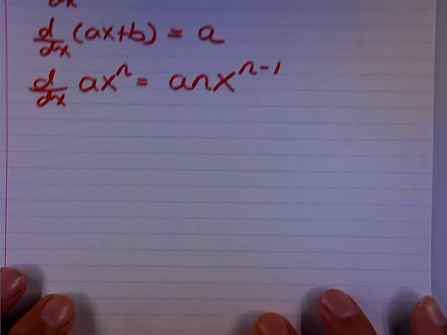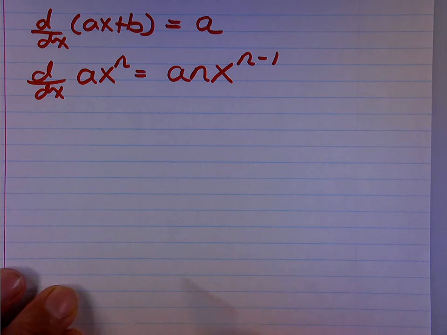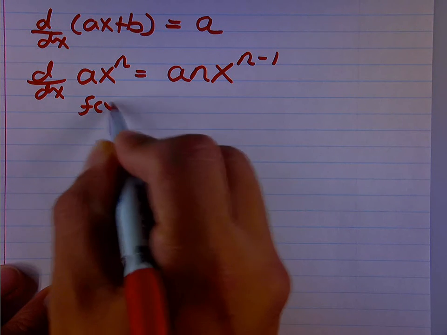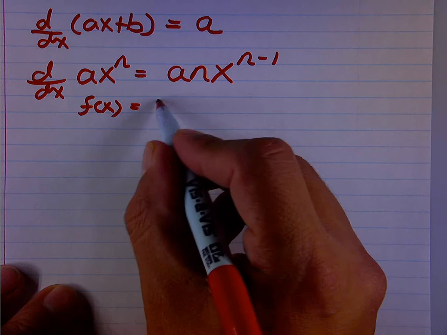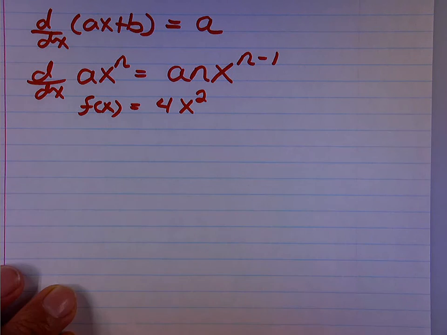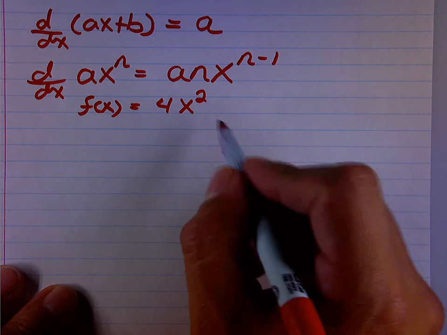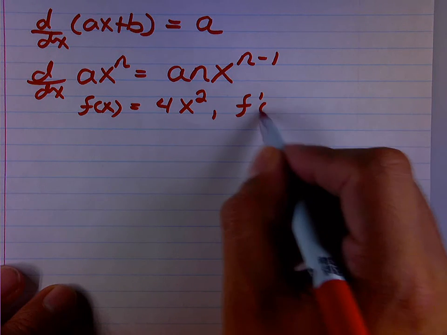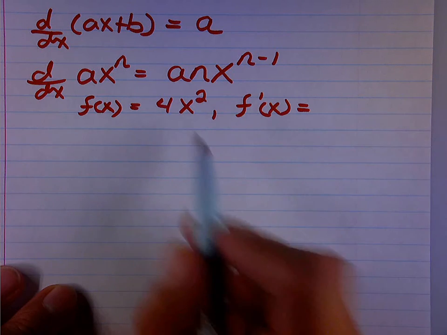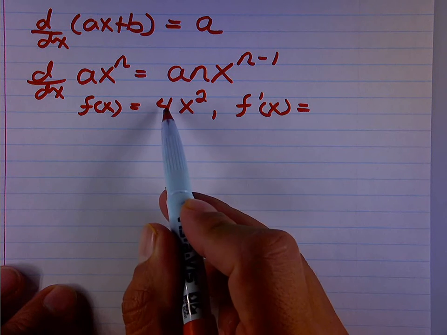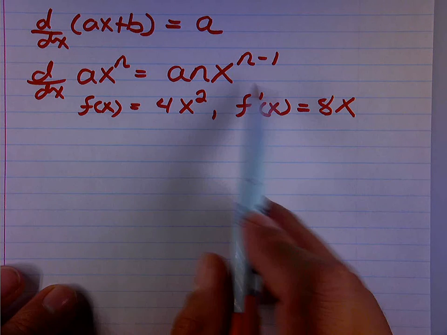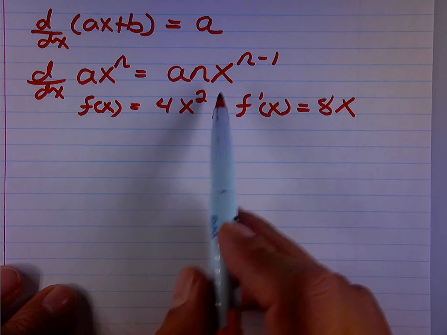For instance, if I had the function 4x squared and I asked you to find its derivative, I would calculate it by taking this 2 times the 4, that's my a times n, and then I would end up with a new exponent that was 1 smaller than the old exponent.